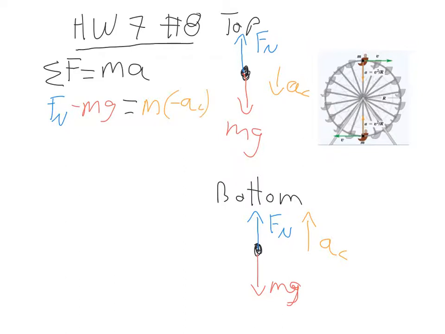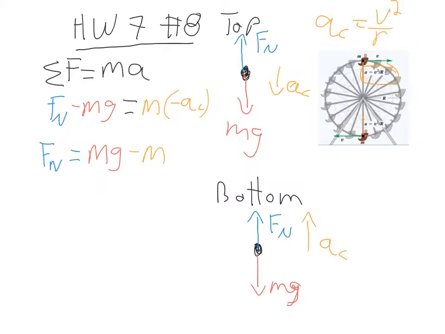Doing algebra to solve for the normal force, which we're asked for, you add mg to both sides, and so the normal force equals mg minus mass times centripetal acceleration. Let's remember what centripetal acceleration is equal to. From class, and you can see it right here, it's equal to the speed squared over the radius.